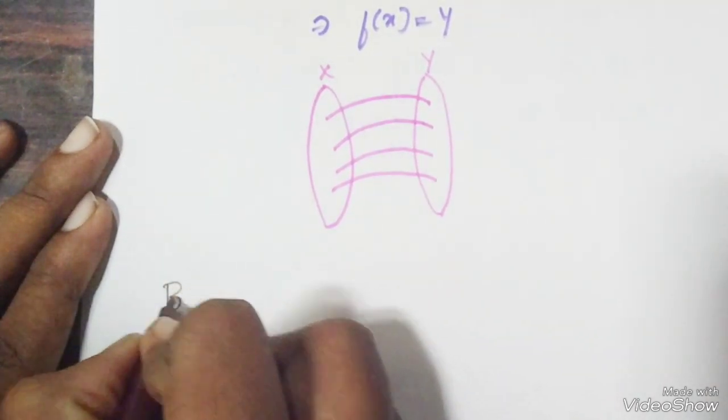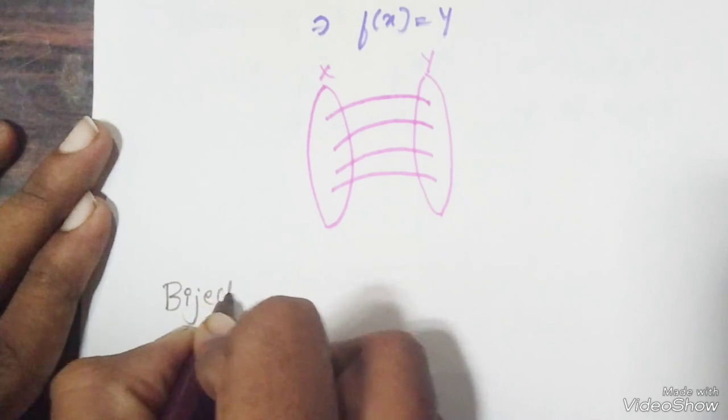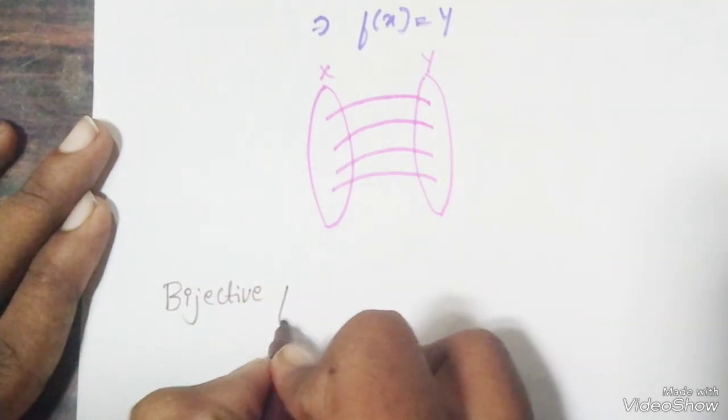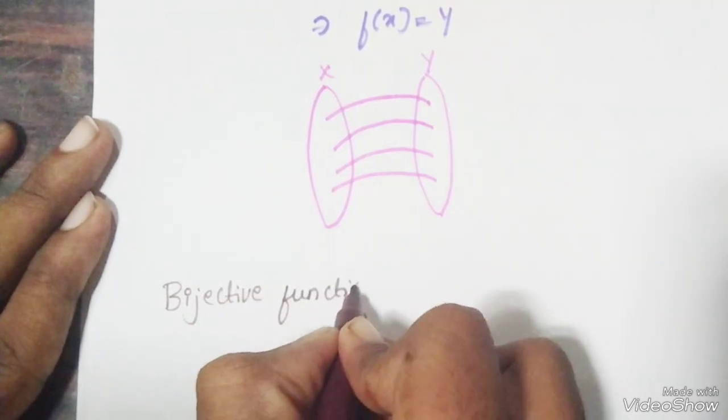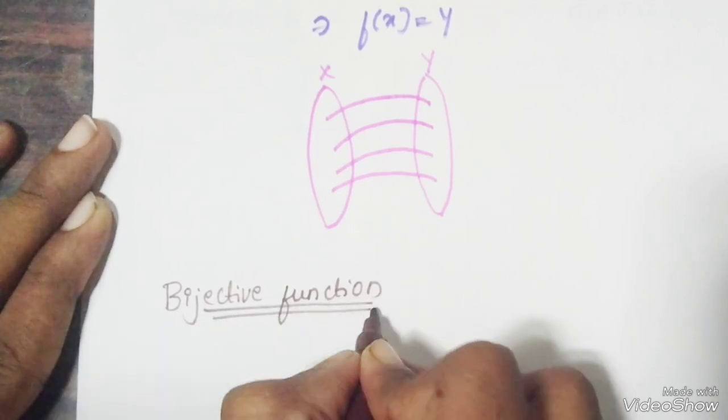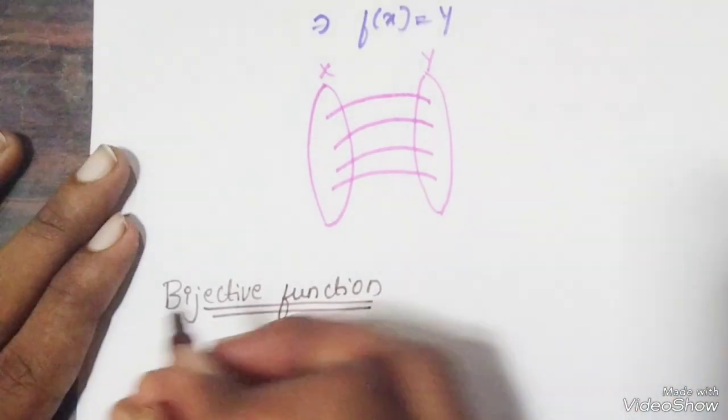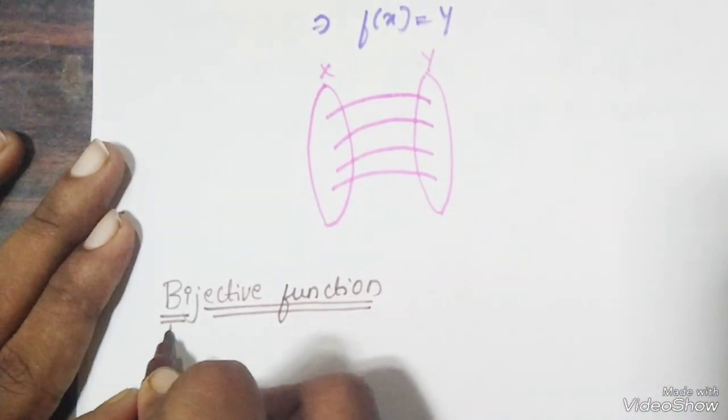What is a bijective function? What do I mean by bijective? Bi means two.